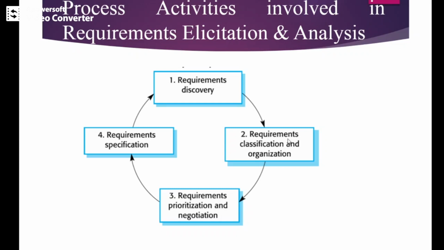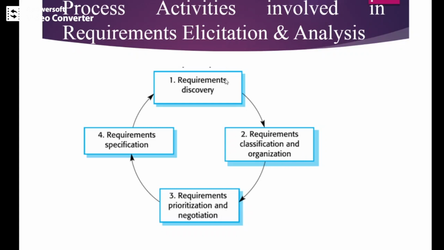Second one, requirements classification and organization. You have got the requirements from the stakeholders, but they might be in an unstructured way. So you have to group them into related requirements, that is classification, and organization means organizing them into coherent clusters.